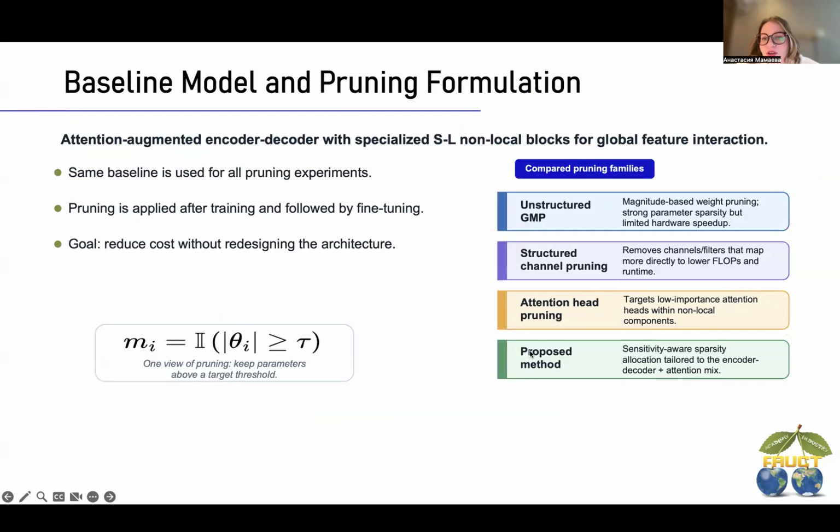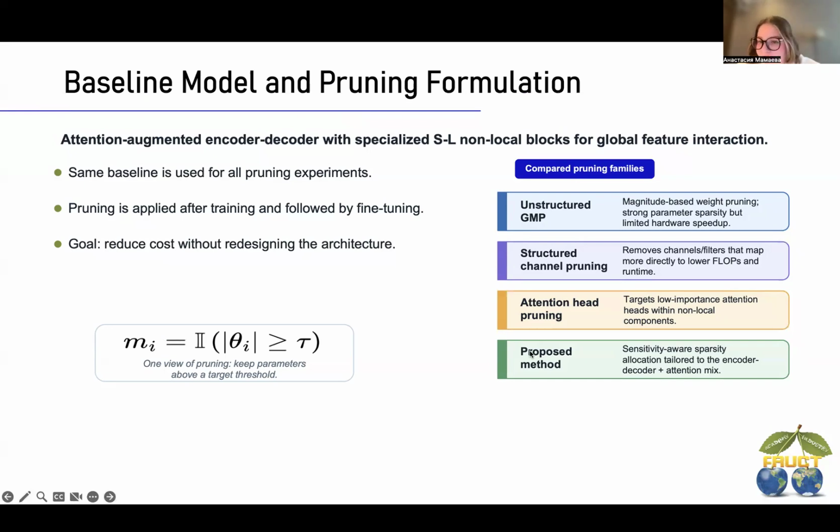The baseline model in this work is an attention-augmented U-Net with specialized non-local blocks. It's designed for joint analysis of single-channel CT images and gives both classification and segmentation outputs. In general, pruning means removing parameters or structural parts of the network under sparsity constraints, while trying to keep the loss as low as possible.